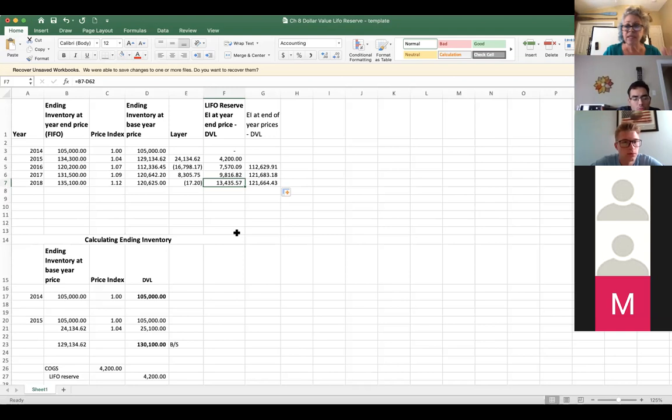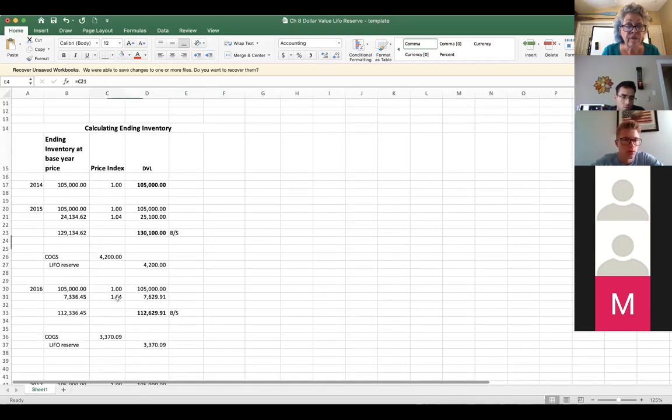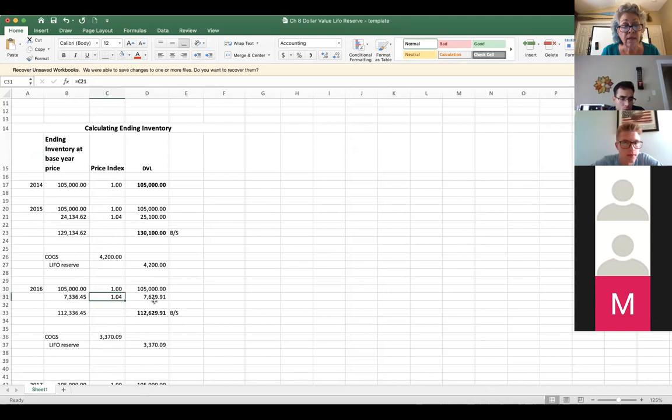But the concept is exactly the same: how many layers, what is the amount, did I liquidate or add a layer? Remember, you have to first deflate, then see what the difference is between last year and this year at base year price to determine if there's a liquidation, and then reinflate the layer that was added at the price index that it was added at.